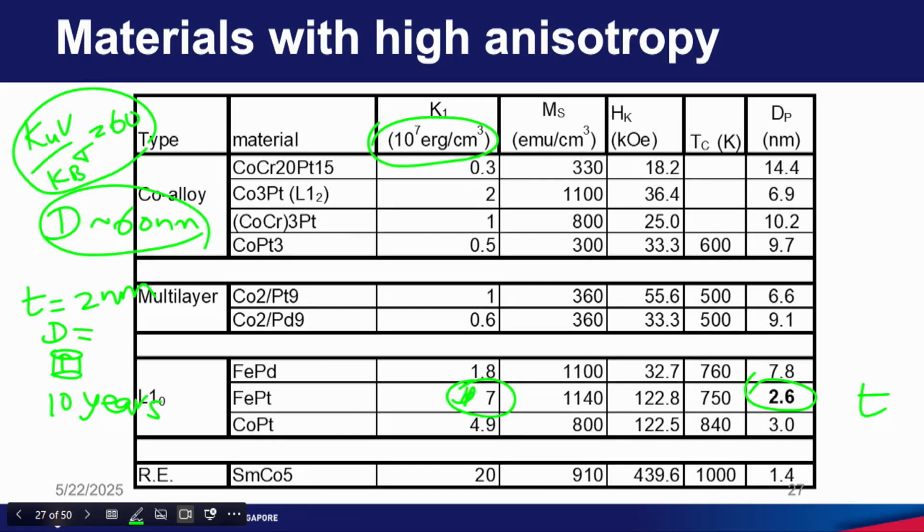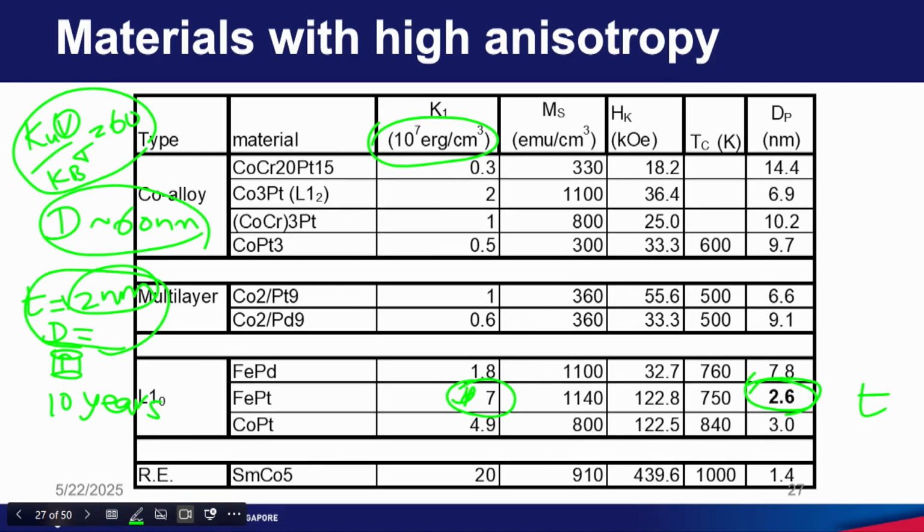This value is the KU. So you know the thickness, you want to calculate diameter, so the volume is somewhere here. So you can calculate the diameter based on these numbers. Right now I am saying it's around 2.6, but for very thin films this may be slightly larger. Okay, so there are many materials like this with a very large anisotropy. So you can use these materials for making perpendicular MRAM.